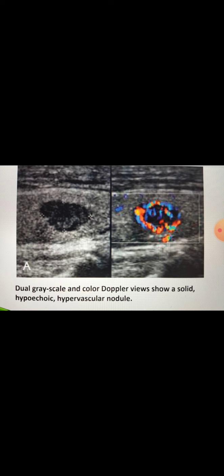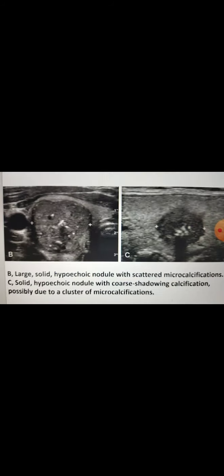So you can see that on the grayscale image, this is a solid hypoechoic mass, and on the other image, which is showing the color Doppler, you can see that this nodule is vascular, and you can see the microcalcifications as well.